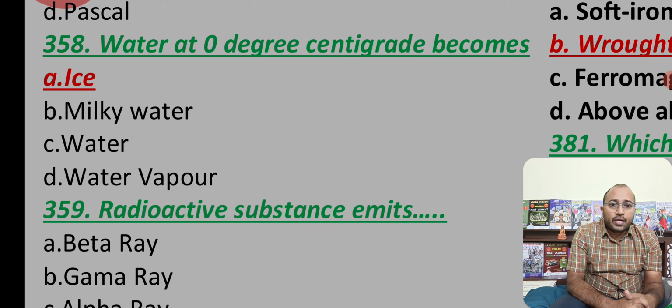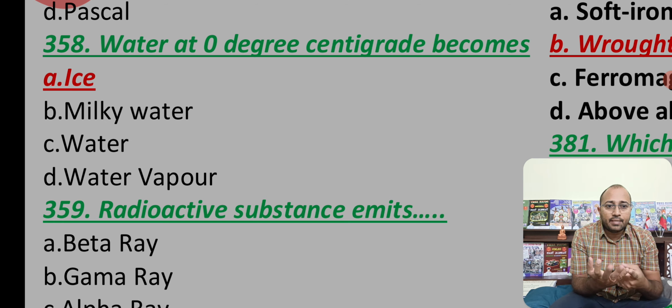Water at 0 degrees centigrade becomes ice. Very important. At 0 degrees centigrade it becomes ice, and at 0 degrees centigrade it melts also. And let me tell you, the maximum density of water is at 4 degrees centigrade.